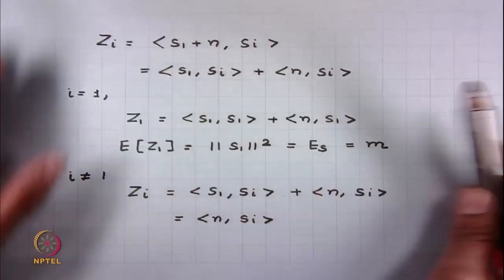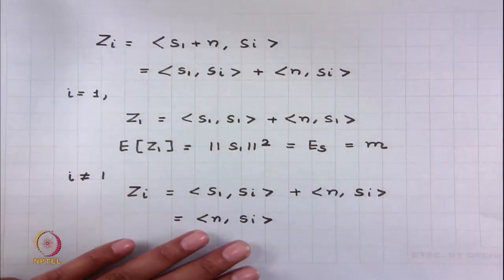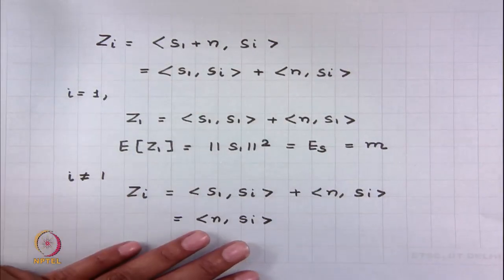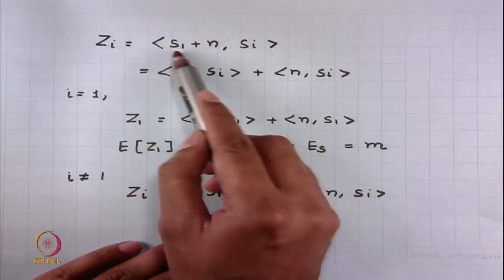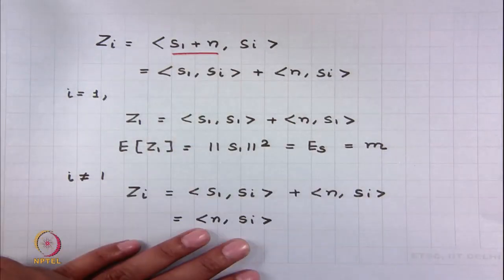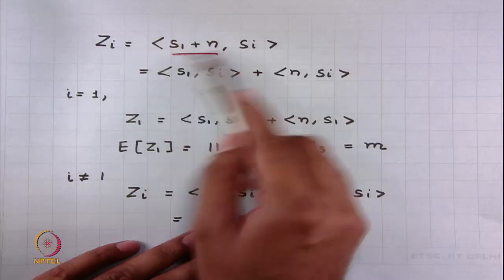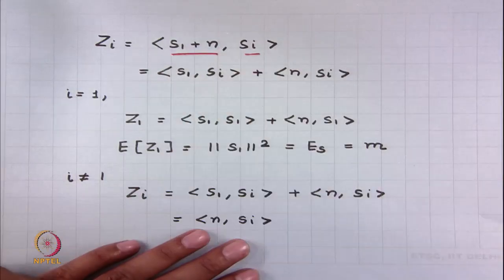You must be an expert in finding mean and variance by now, but let us do it. We are assuming that we are receiving S1 plus n, and we are finding the inner product with the signal Si, and that gives us this random variable Zi.